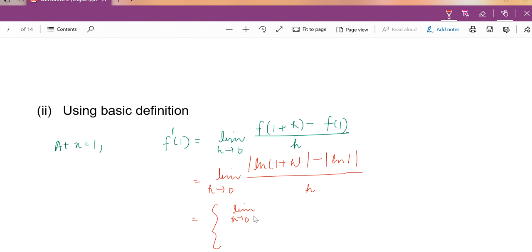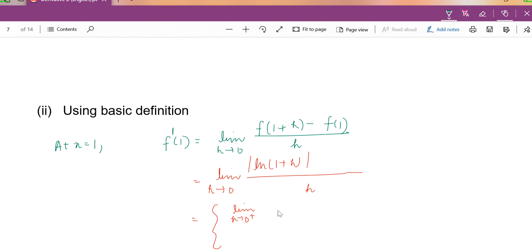How do you check whether the limit exists or not? You approach 0 from the positive side and from the negative side. If you get the same value, your limit exists, otherwise it doesn't. So log 1 is 0, I just remove it from here.